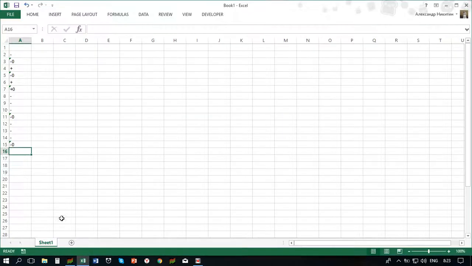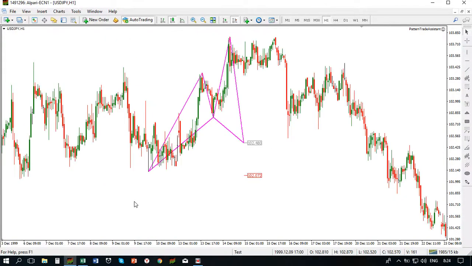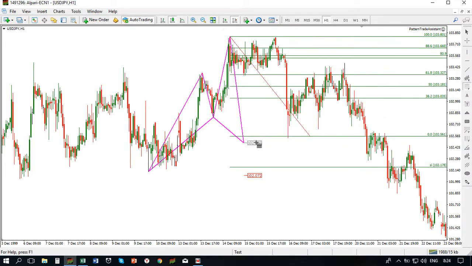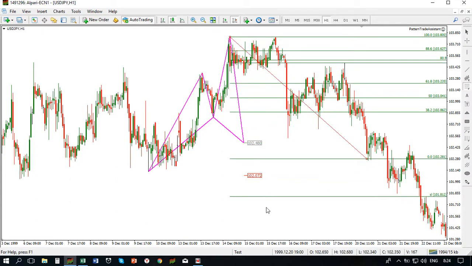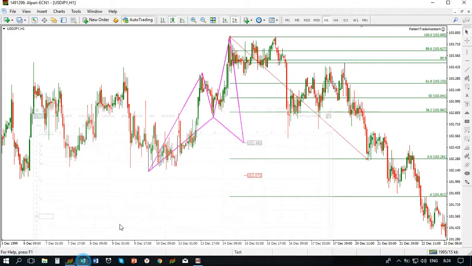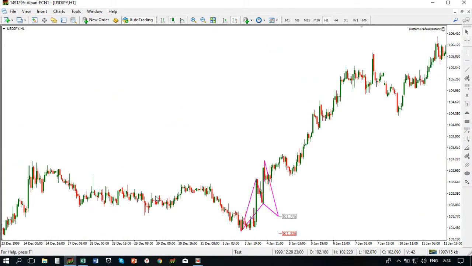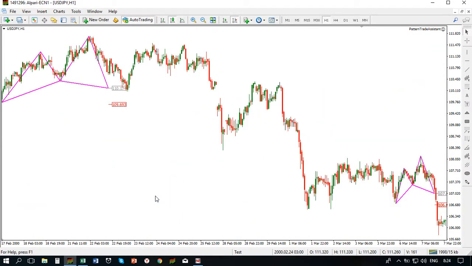Okay, this one is obvious loss. Going next. What is this one? Okay, it is a loss. Nothing here, nothing, nothing.